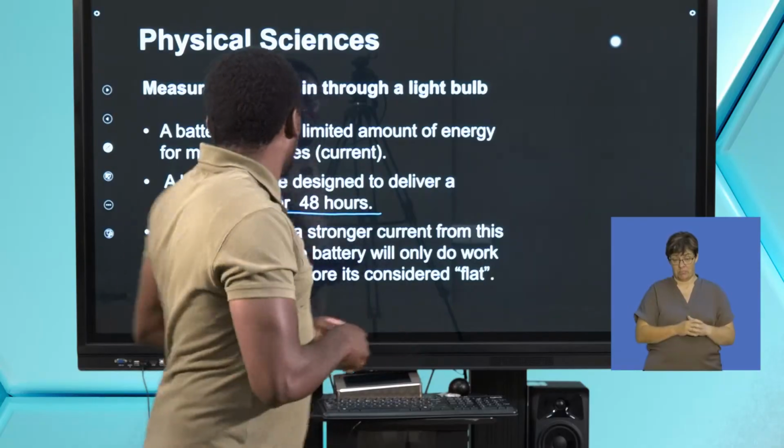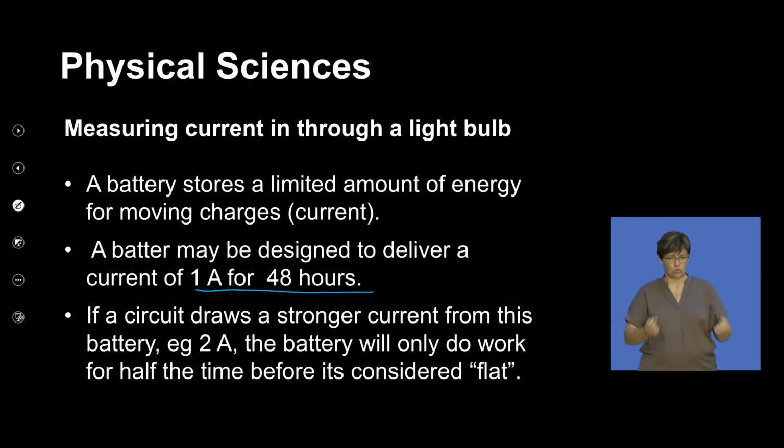Now, if a circuit draws a stronger current, we already know something about current intensity. 2 amperes is double 1 ampere. So if we connect it to an appliance that has greater resistance, which draws a current of 2 amperes, that battery will only do the same job but for half the time before we consider it to be flat.